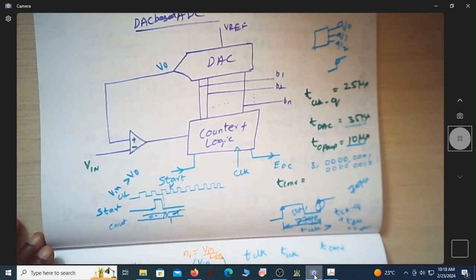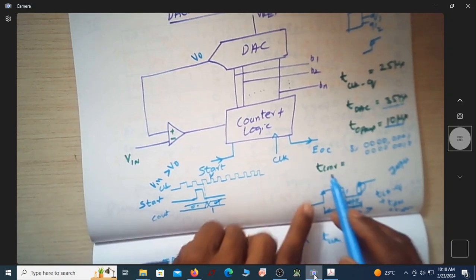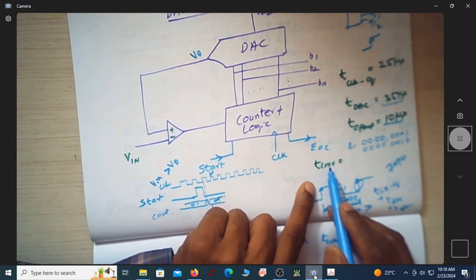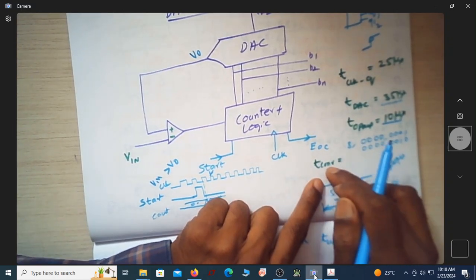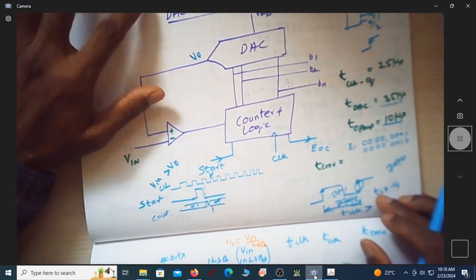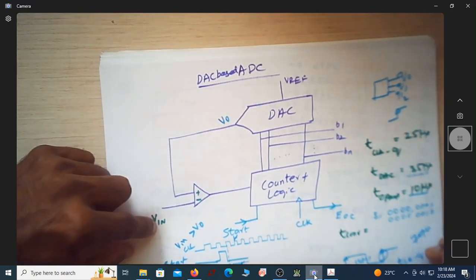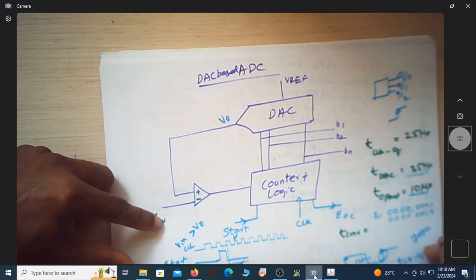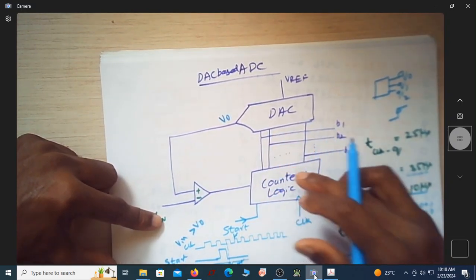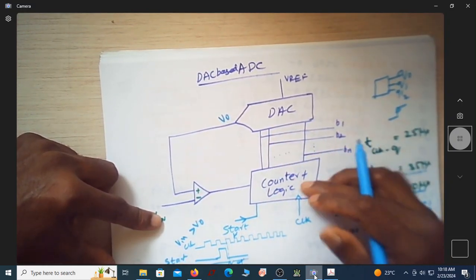Keeping this in mind, what is conversion time? We know that in a DAC based ADC, the conversion time depends on the input amplitude. If the input amplitude is more, it takes more cycles to upcount to that number.